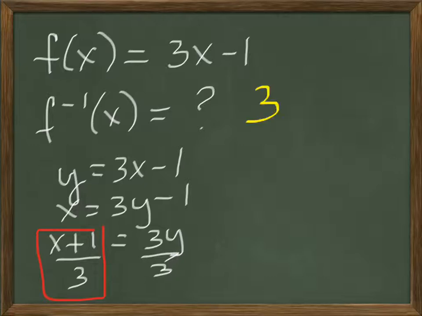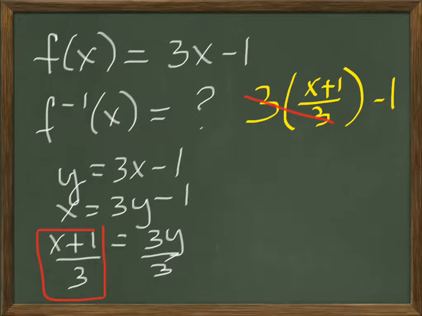So we will now take our inverse and plug it into the original function. So all we did was take this function down here and plug it in for x in the original function.